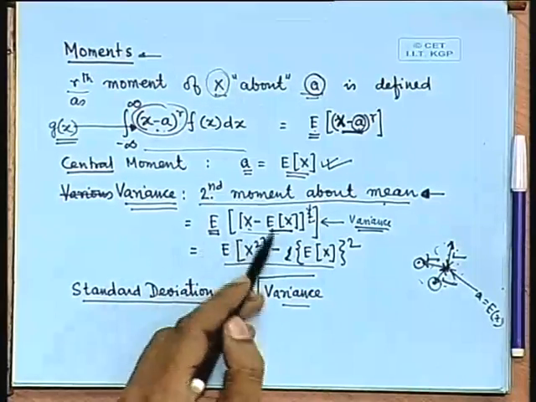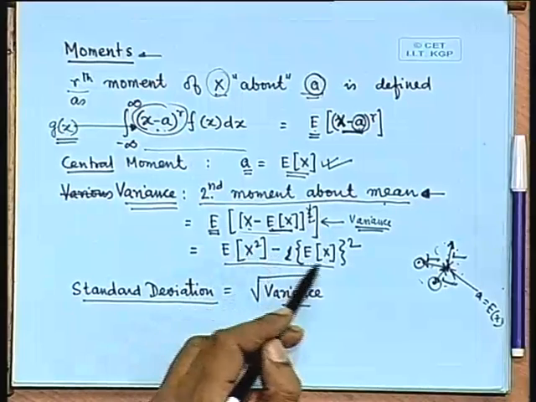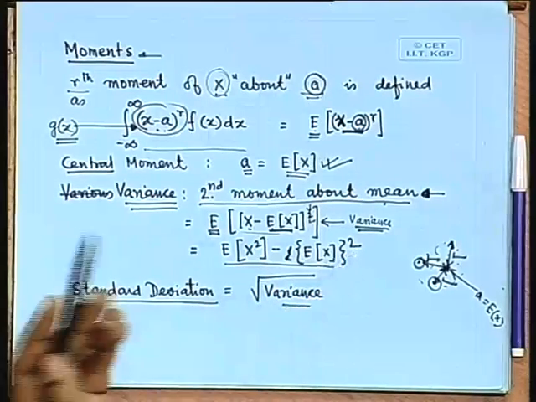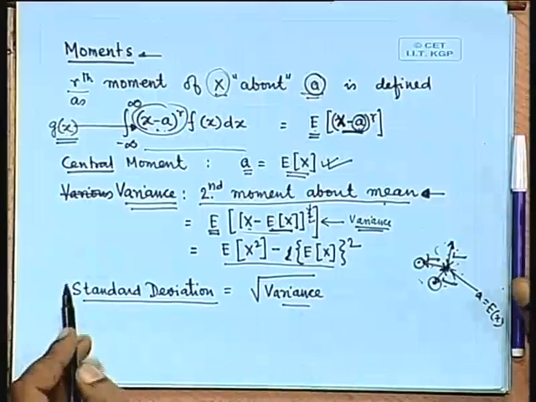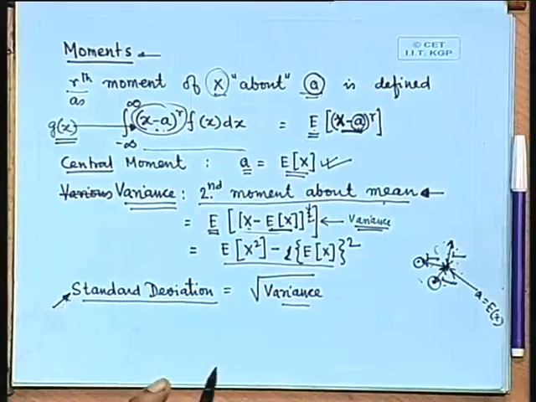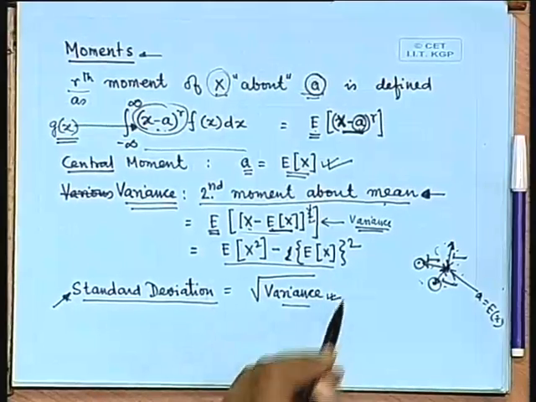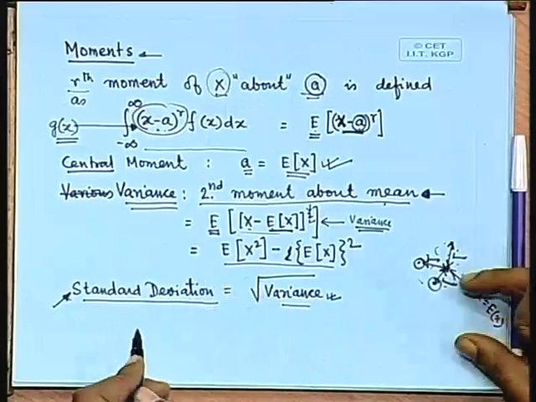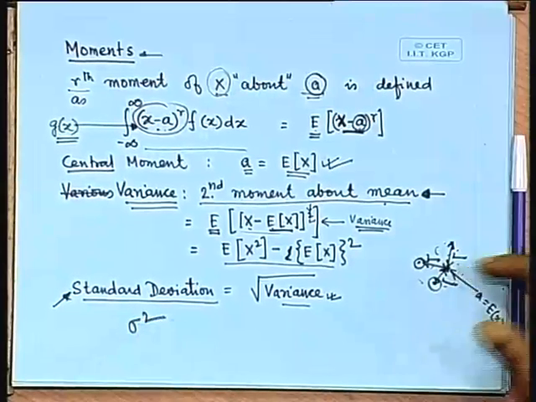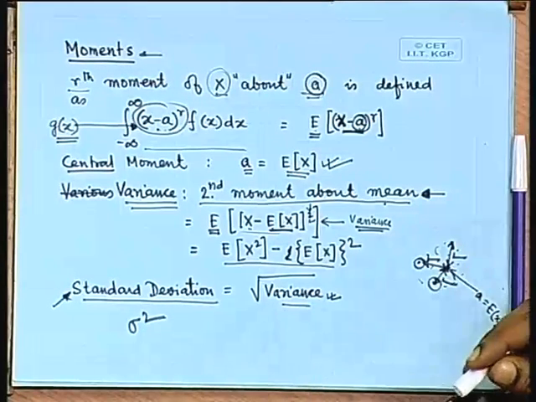And a bit of algebra will tell you that it is nothing but expectation of x squared minus (expectation of x) whole squared. That is very standard algebra, and we also very commonly define another term called standard deviation, which is nothing but the square root of variance, or rather the variance is standard deviation squared, and we commonly denote it as sigma squared is variance. Okay.